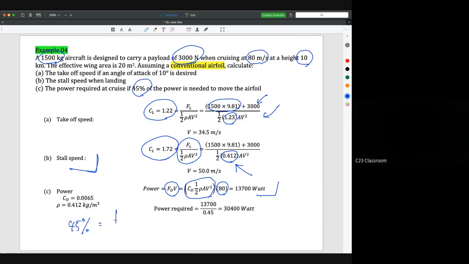So it is equal to the power out divided by power in. We need to supply more power because a part of that power is used to move the airfoil. So P in is actually the power required. So it is P out divided by 45%, and we could get around 30,400 watt.